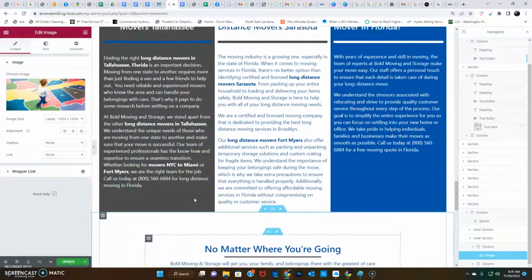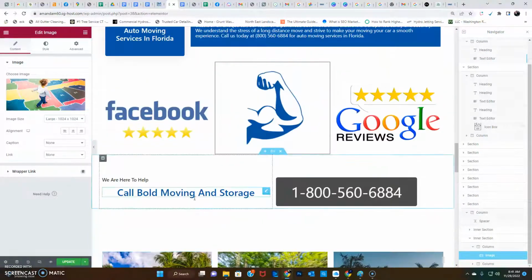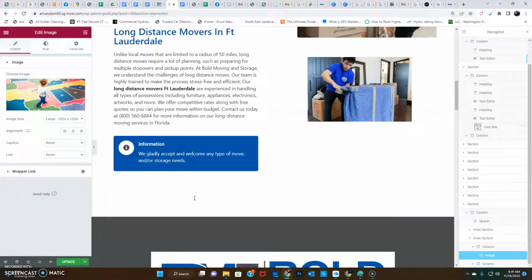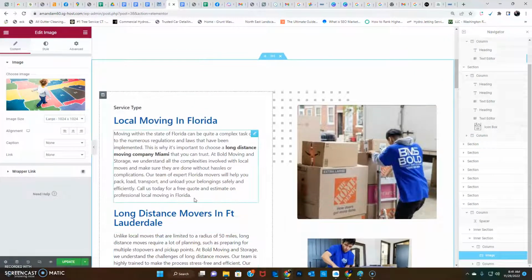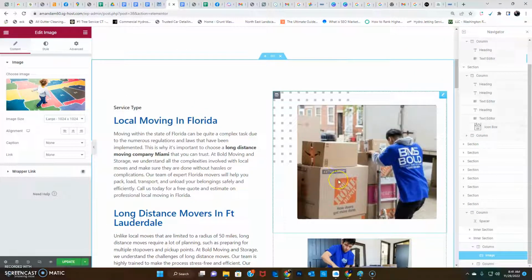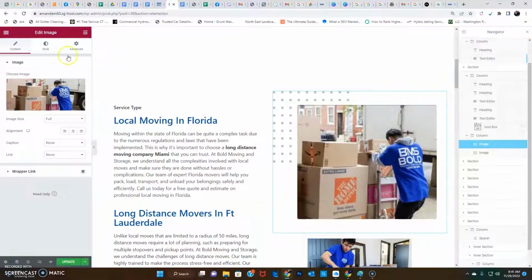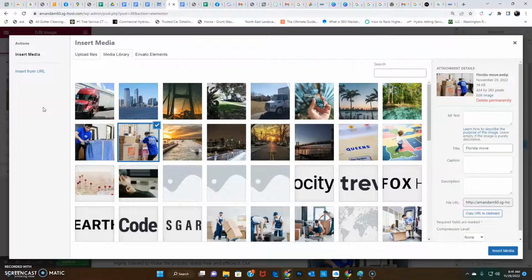And then let's see. The only other thing was that this one looks really pixelated and not good. Plus, we've already used it before. So I would definitely switch that out for something else. I'll figure that out in a minute.